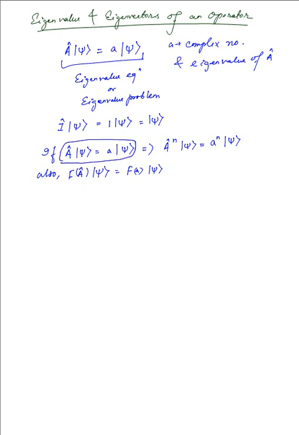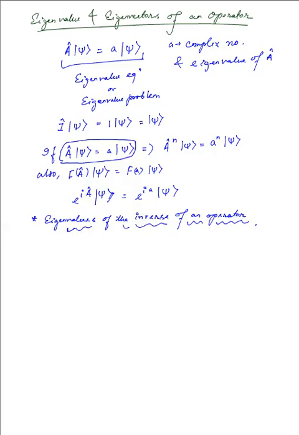So suppose this is valid and we take the exponential as the function, that is e raised to the power i A operator acting on psi, that is going to give us e raised to the power i times a, that is the eigenvalue that we consider, times psi.